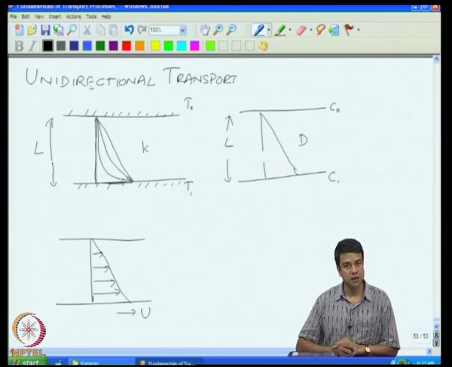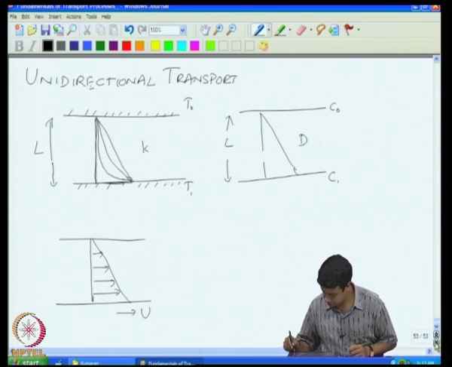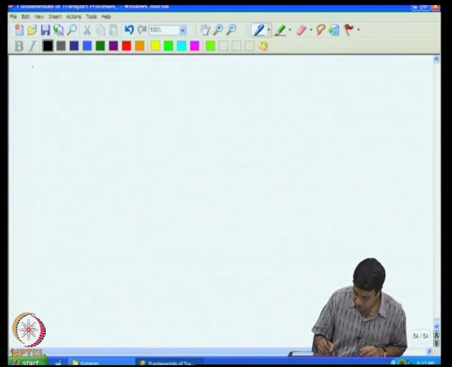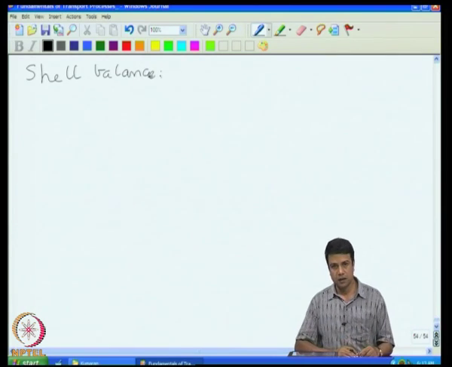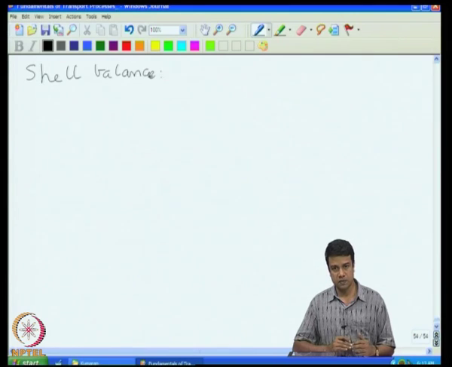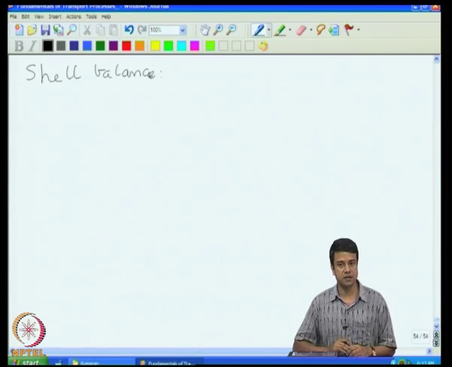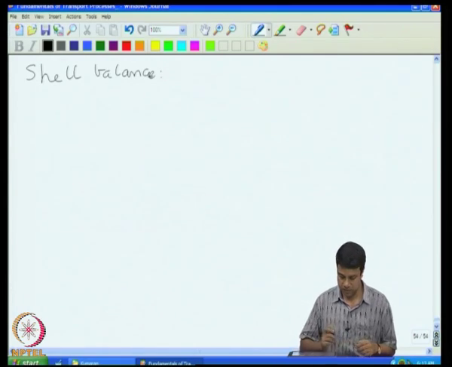So, first, how do we write a balance for a small differential volume? It is called a shell balance. And the volume has to be chosen in such a way that it corresponds to the symmetry of the configuration that we are considering.